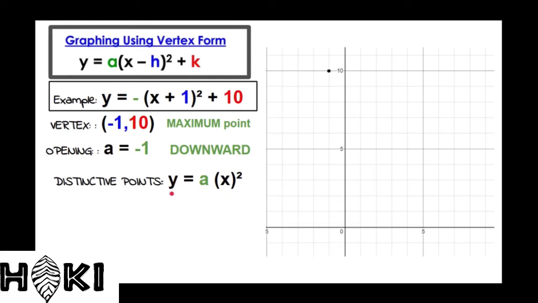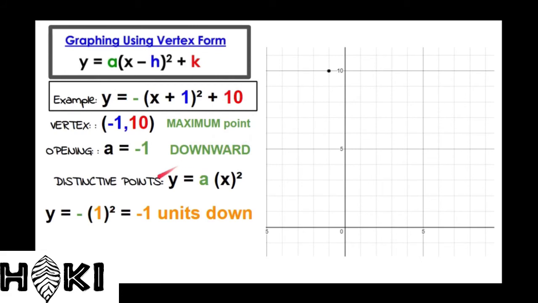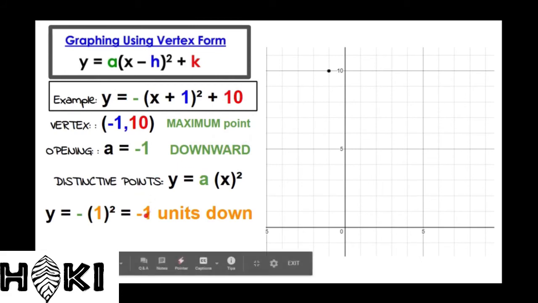So again, let's take this formula y is equal to a x squared. So again, let's just take 1 unit to the sides of the vertex. Your a is -1, then 1 squared is 1 times negative is just -1 unit down.